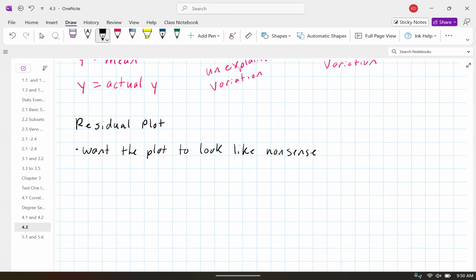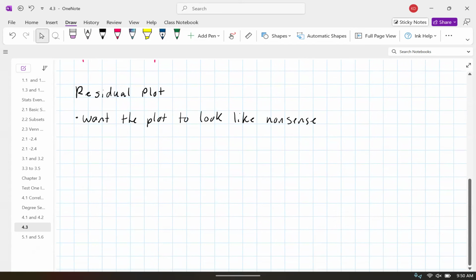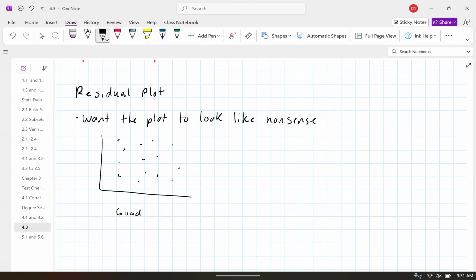If it looks like a shape, that's a bad thing. That means there's a lot of unexplained variation happening, and there's probably a way to explain it somehow. This would be a good plot, so our variation is just kind of random. A bad one would be something like that. This would be bad, because there's another model we could use for it. Those are supposed to be dots, not squigglies, but I'm not changing it.